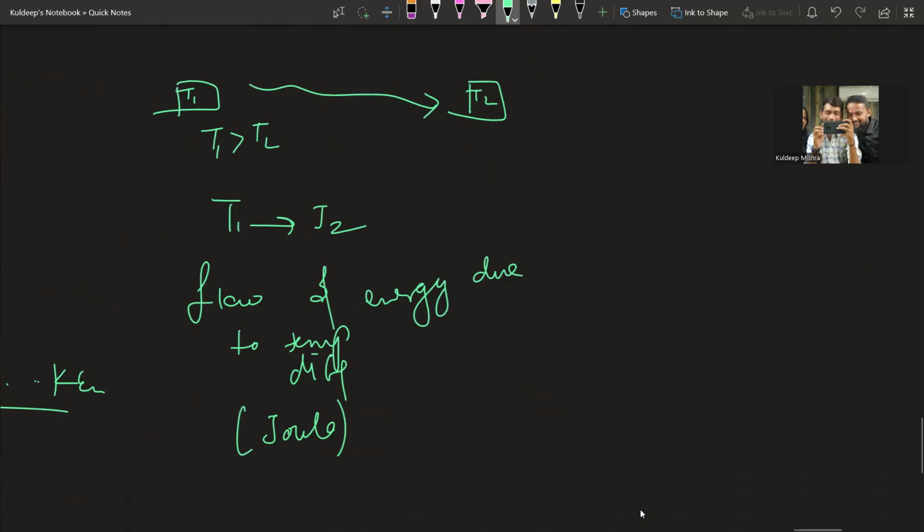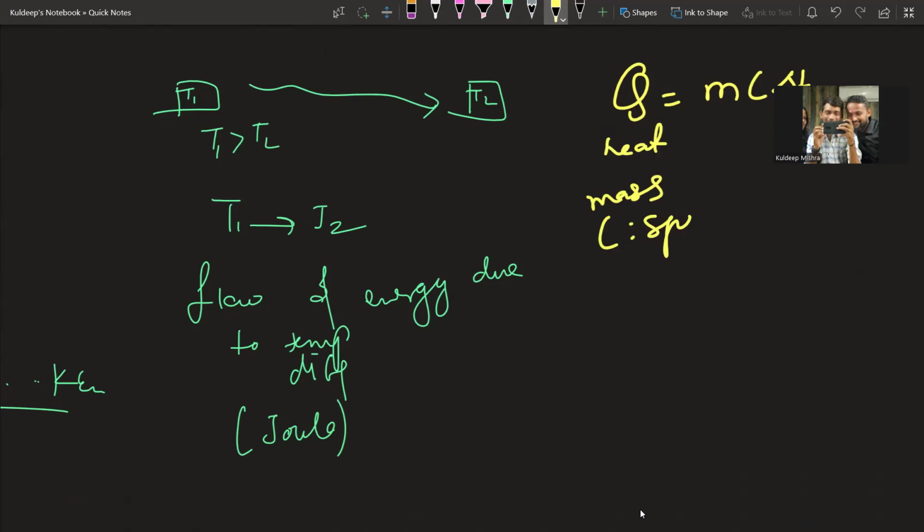And how much heat is to be supplied is given by this formula. Q is equal to mc delta T, where Q is the heat, m is the mass, C is the specific heat capacity, and delta T is the change in temperature.